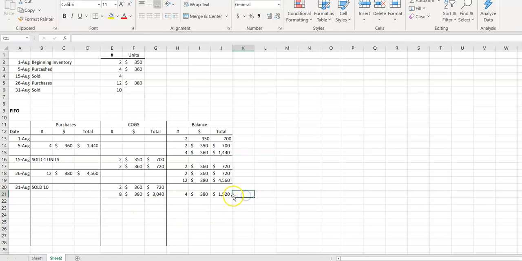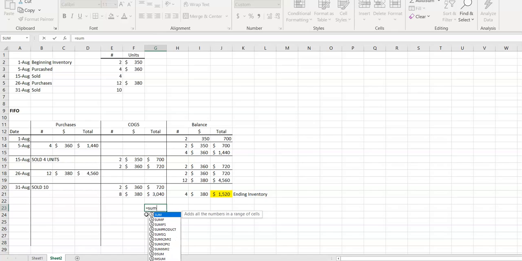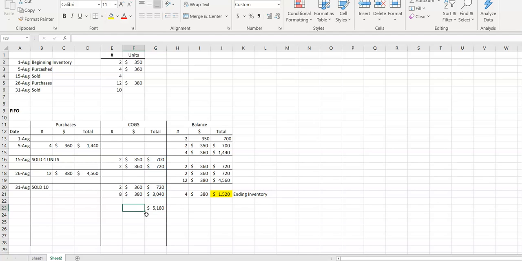Okay, so now this number right here, this is my ending inventory at August 31st. And then to get cost of goods sold, I would add these up. Right?